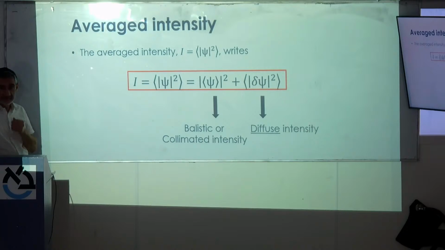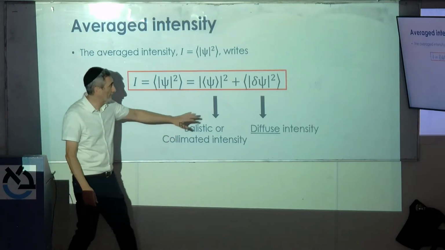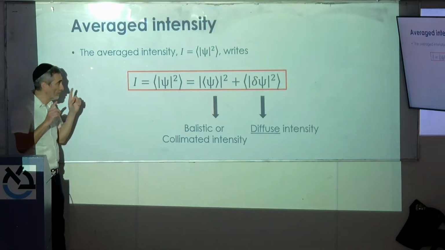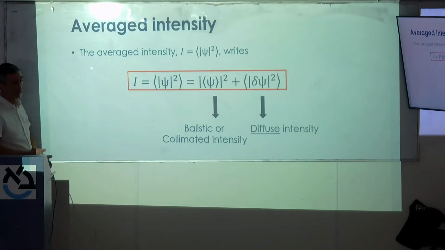This term does not go to 0 because it's the average of the square. When you have plus and minus, the average can go to 0, but when you square it, everything is plus. So you end up with some energy which is not cancelled.